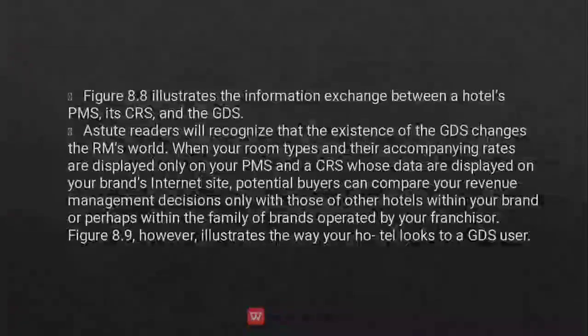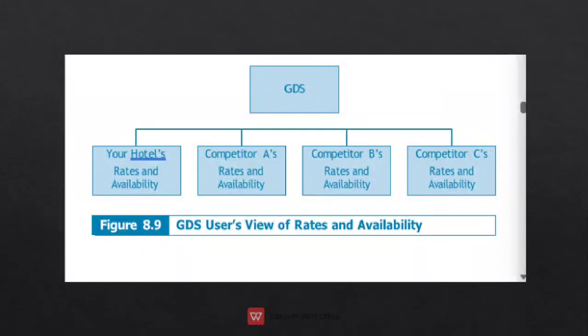Figure 8.9, however, illustrates the way your hotel looks to the GDS user. So this is figure 8.9. Under the GDS are your hotel rates and availability, competitor A, competitor B, and competitor C.